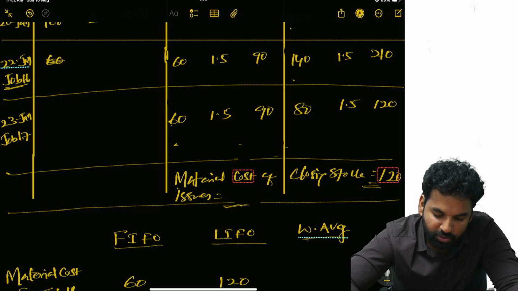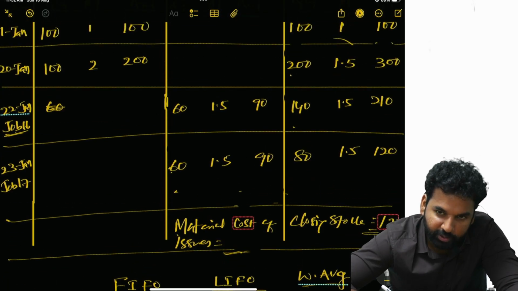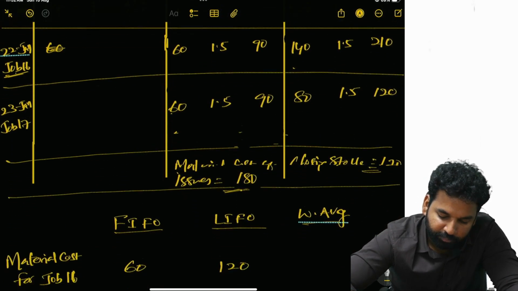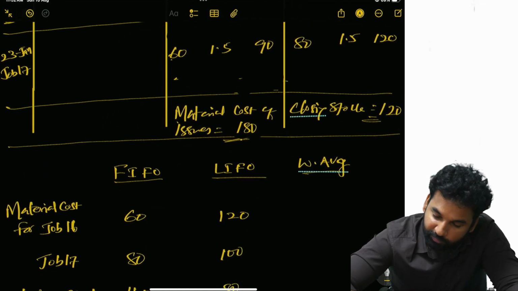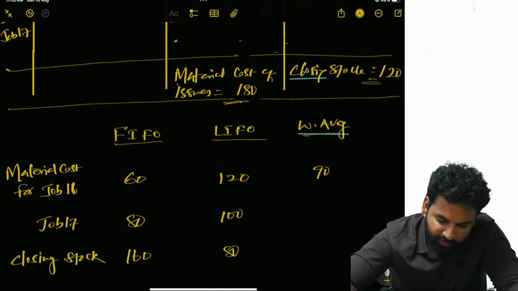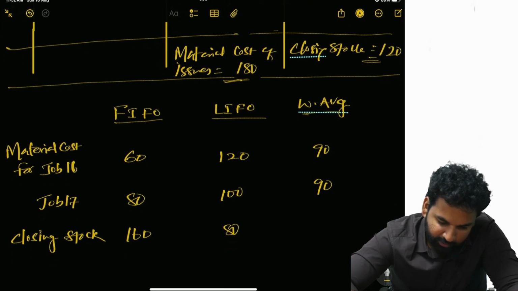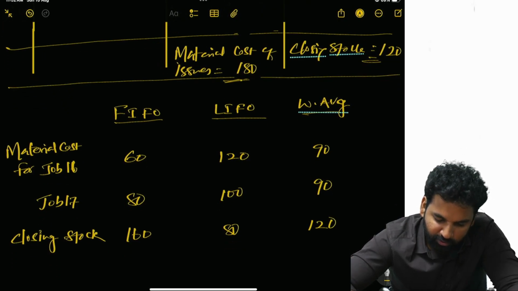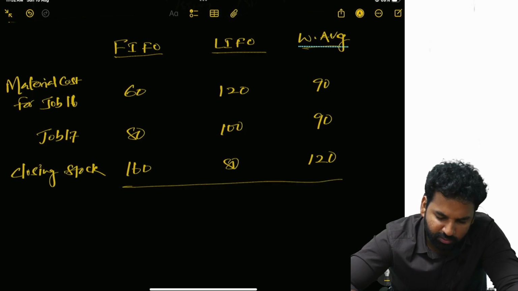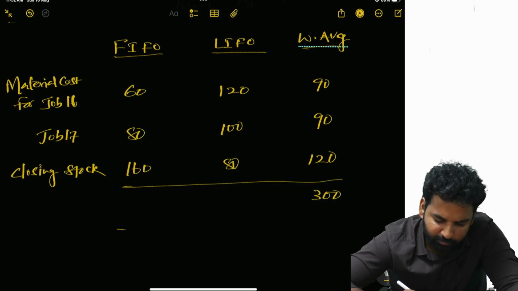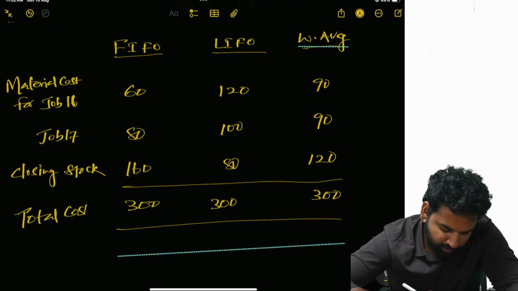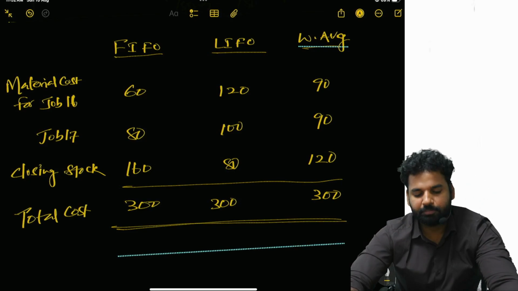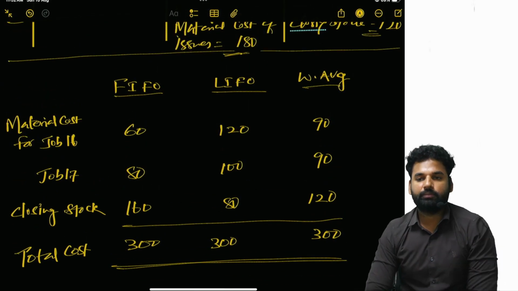Material cost of issues is 90 plus 90, 180. So material cost for job 16 is 90, material cost for job 17 is 90. Closing stock is 120. In all this, if you see, total cost will be 300. That will be the same. Total cost is equal to 300. That will be the same. This is the answer.